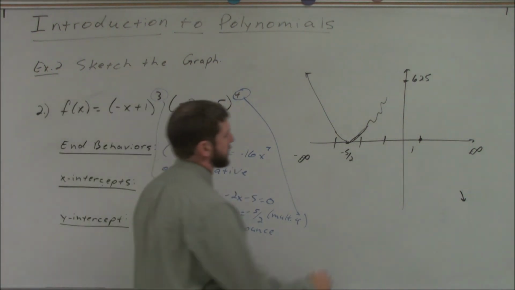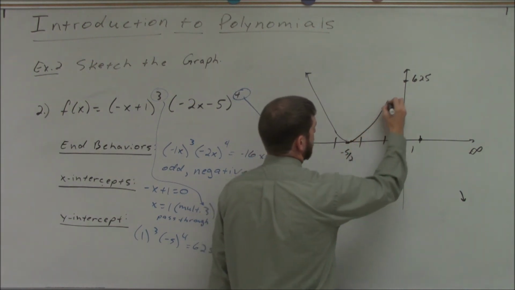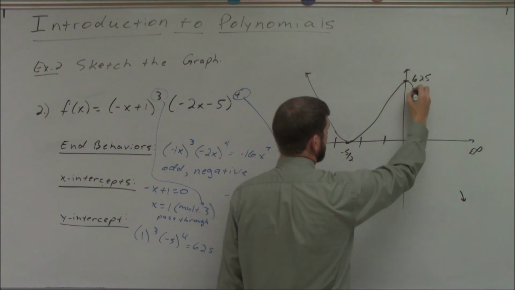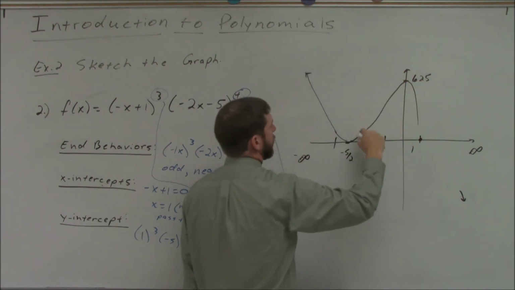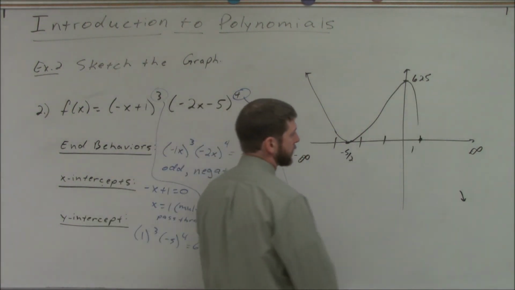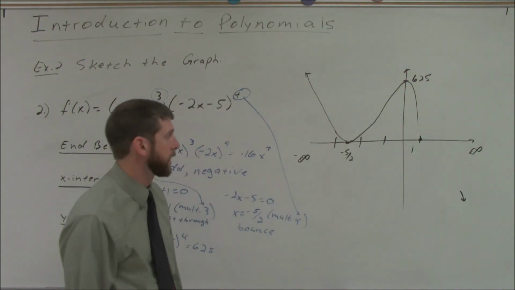There could be all kinds of stuff going on in here. So we don't know for sure, but we do know eventually it's going to get to 625, and then somewhere it's going to turn around. I don't know if it went up here and then turned around, or if it actually turns around at 625. Remember, you have calculus techniques you'll learn to teach you how to do that. But we just know that somewhere it's going to turn around.